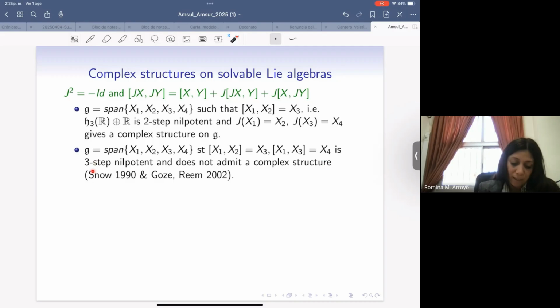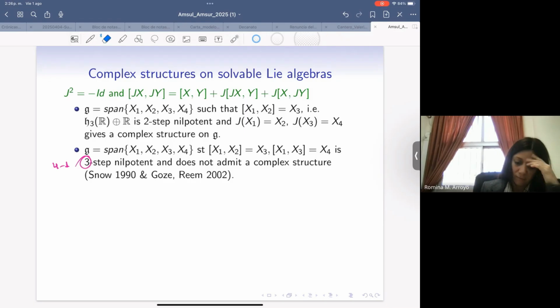This was proved by Snow, but then Cordero, Fernández, Gray, and Ugarte proved that if you have a nilpotent Lie algebra of dimension n which is n minus 1 step nilpotent, here 3 is 4 minus 1, then this Lie algebra will not admit a complex structure.